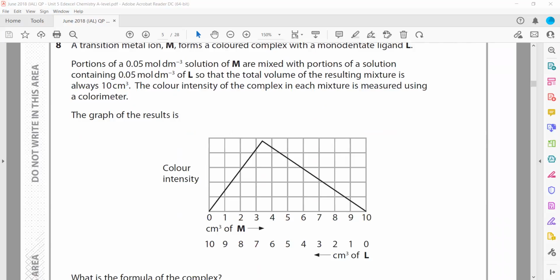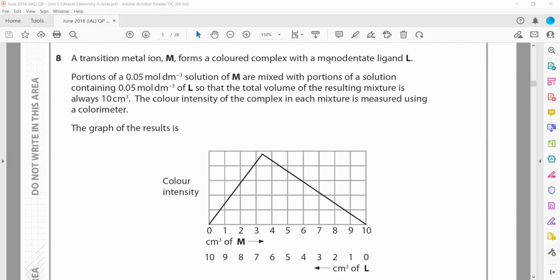Then the transition metal ion forms a colored complex with a monodentate ligand L. Monodentate means it can attach from only one side. A portion of 0.05 mol per dm cubed solution M is mixed with L. So they are mixed at the same concentration. The total volume of the resultant mixture should always be 10.